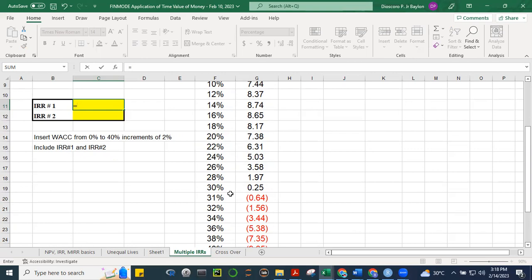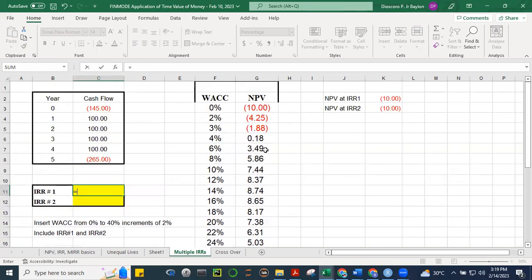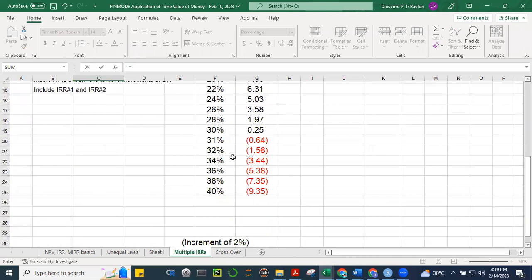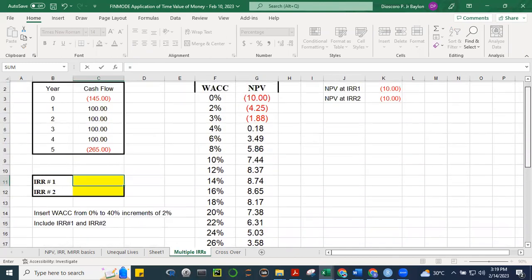So somewhere between 30 and 31%, you'll have the NPV equal to 0, which is also another IRR, because the IRR is that rate of return where the net present value is 0. And we seem to have two. Between 3% and 4%, you have the net present value equal to 0, and also between 30% and 31%.